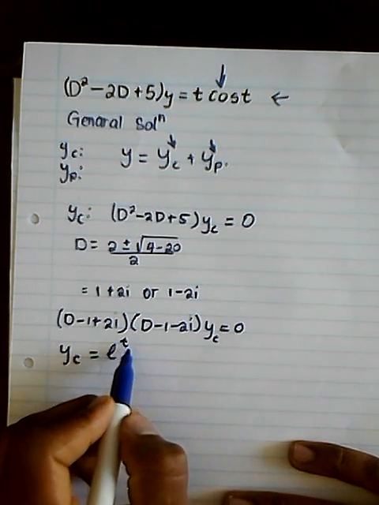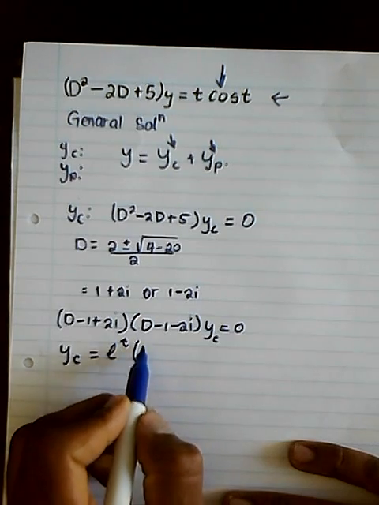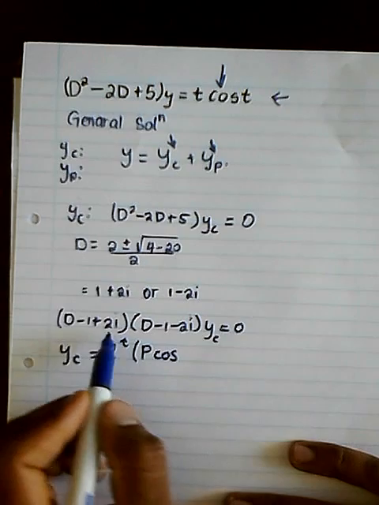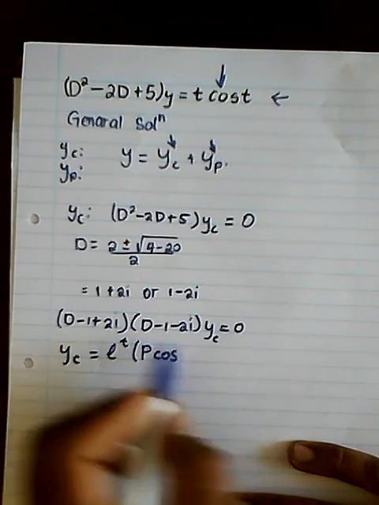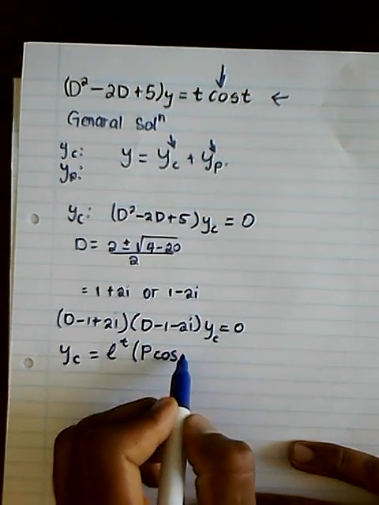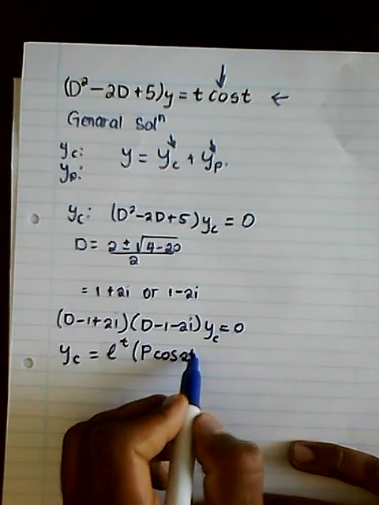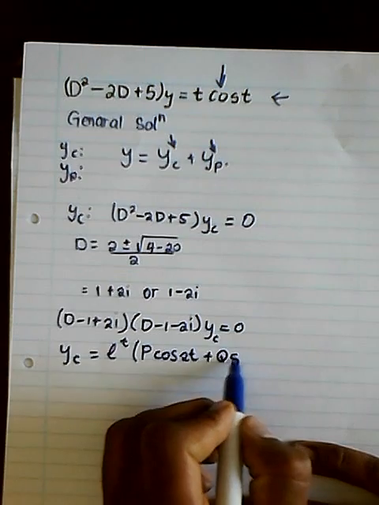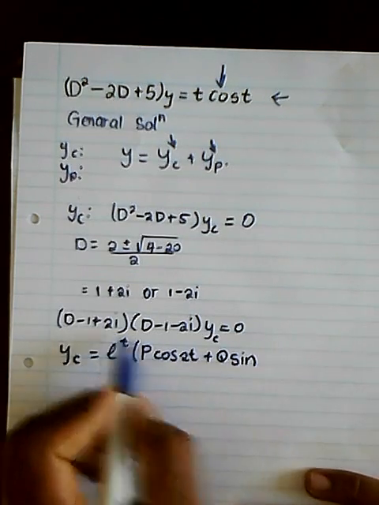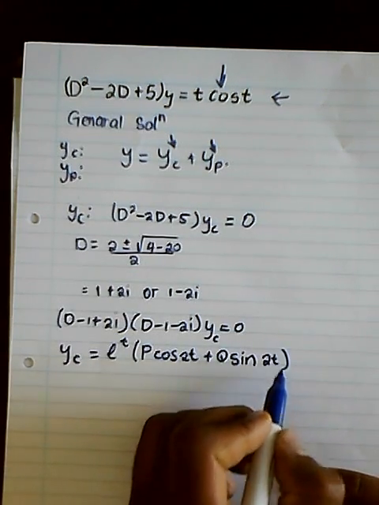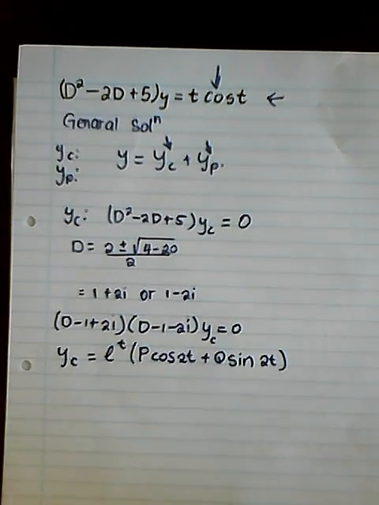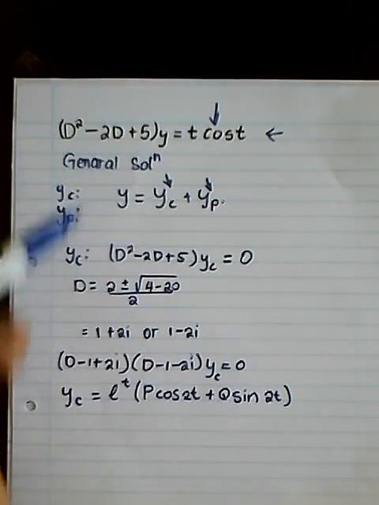So we have e to the t, multiplied by a constant p cos of the imaginary part, which is 2, multiplied by t, plus q sine of 2t. Okay, so this is our complementary solution for this d operator here.